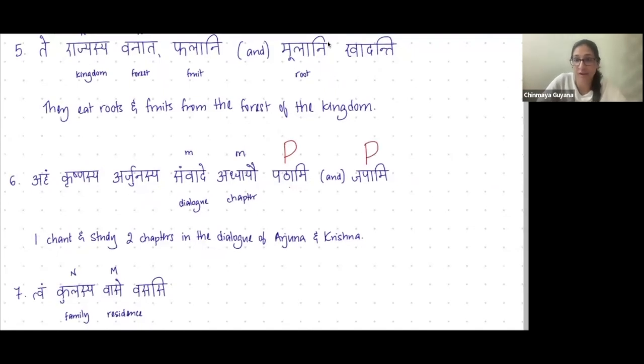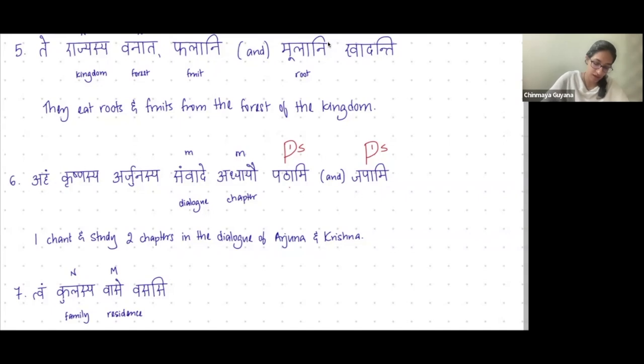And then you have to figure out what person this is. Ami means I. That is first person. Ami means singular. That is for both of them. Then you check the meaning. Pathami comes from pat. Pat means to read or to study. Japami comes from jap. Jap means to chant or to recite.